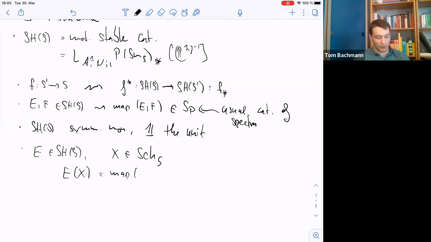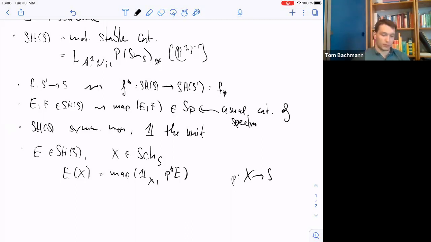It's going to be maps from 1_X into p upper star E, where p from X to S is the canonical map. So it just means that if you have one of these motivic spectra, you can evaluate any scheme on it and you get out a spectrum. So you build yourself a pre-sheaf of spectra. And we think of this as the spectrum-valued cohomology theory represented by E.